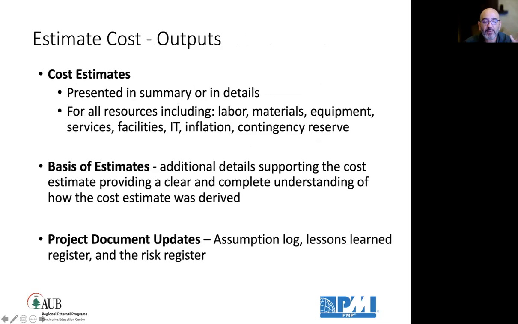The output is the actual cost estimates presented either in summary or in detail for all resources, including labor, material, equipment, services, payroll, facilities, rent, contingency reserve, etc., inflation even. Then the basis of estimates, the additional details supporting your estimates. And updates to the assumption log, lessons learned, and the risk register.